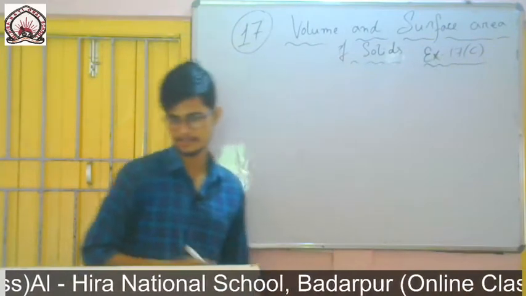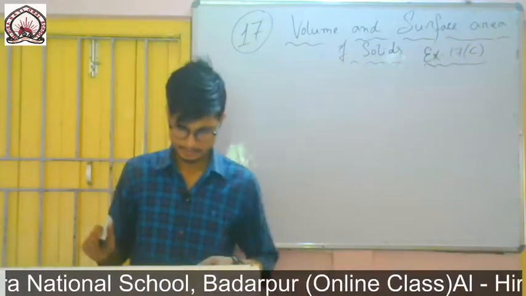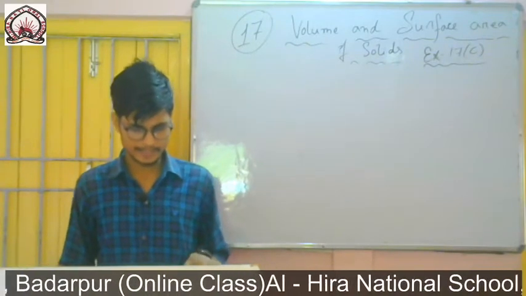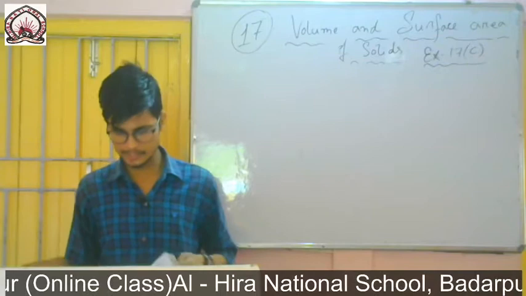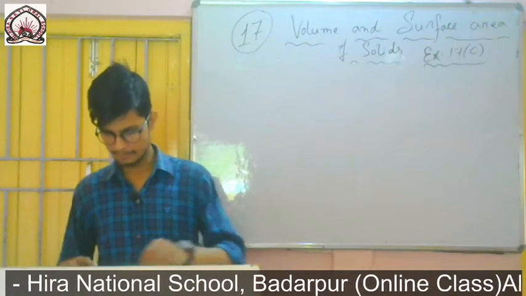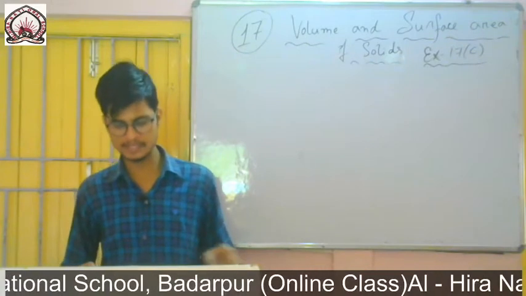So the question is: a solid cube of edge 20 centimeter is melted and casted into a cuboid whose base measures are given. The question is to find the height.